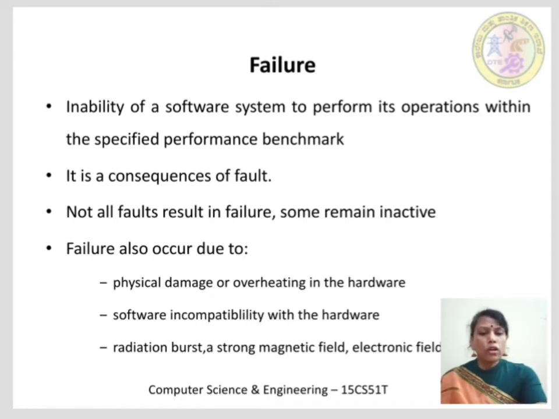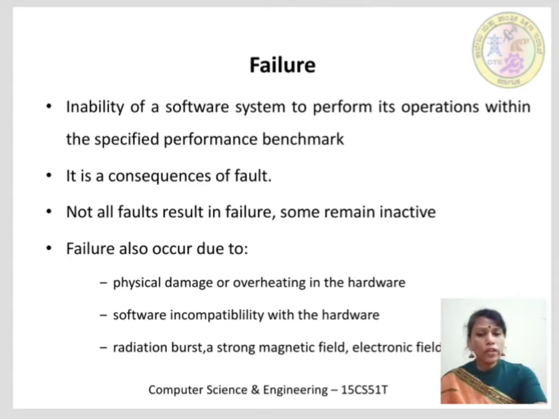Not all faults or defects result in failures. Some remain inactive in the code and we may never notice them. Failures also occur due to the following reasons. Any physical damage or overheating in the hardware can cause the whole system to fail.